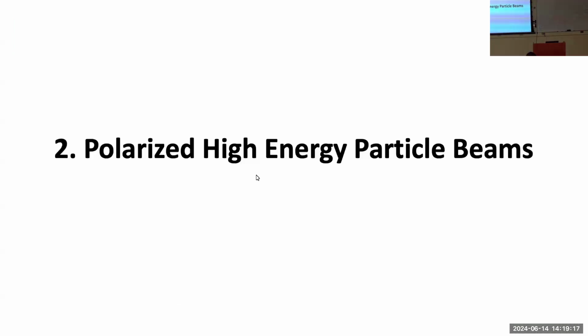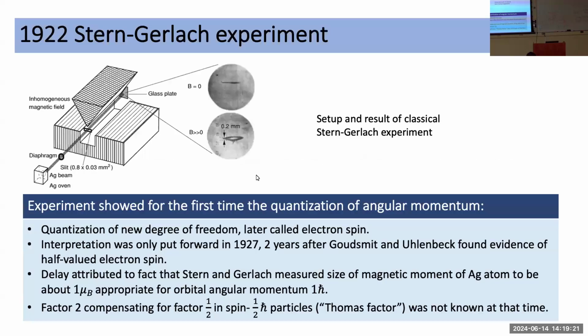Okay, so this brings me to this part here, polarized high energy particles. I want to start with a short historical excursion on how we know about polarization. This is the 1922 setup of the Stern-Gerlach experiment, which was carried out by these two guys, Stern and Gerlach. It basically has an inhomogeneous magnetic field.